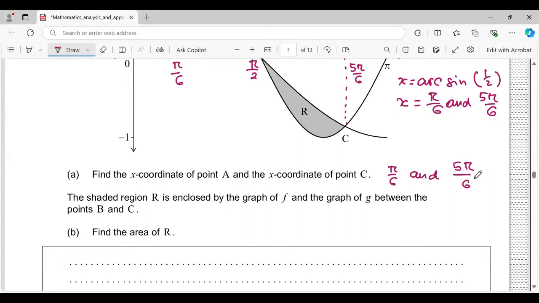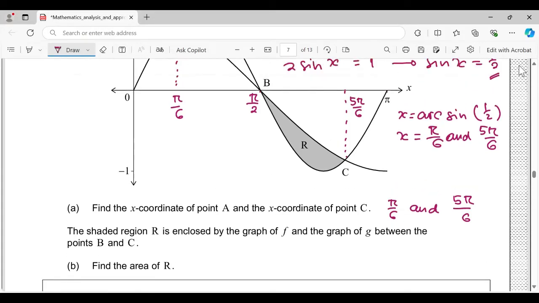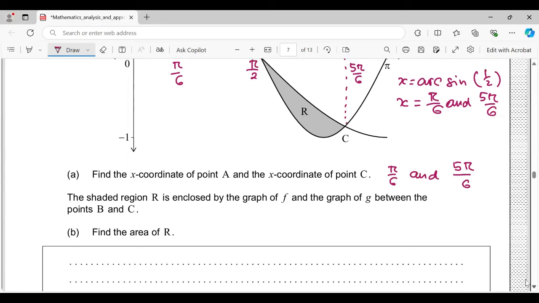The shaded region R is enclosed by the graph of function f and the graph of function g between the points P and C. Find the area of R. So we are going to calculate this area between pi over 2 and 5 pi over 6.